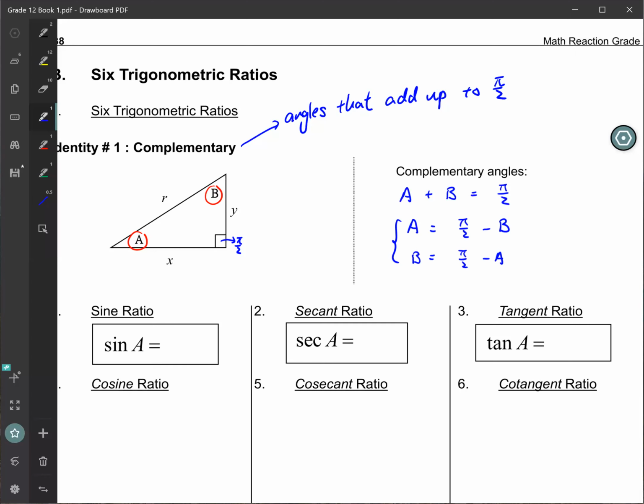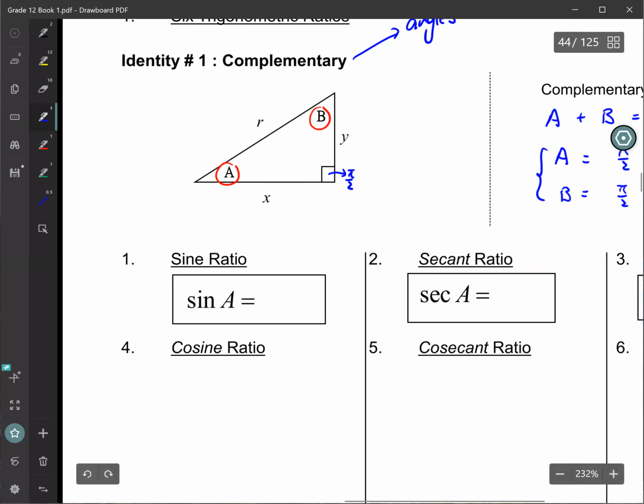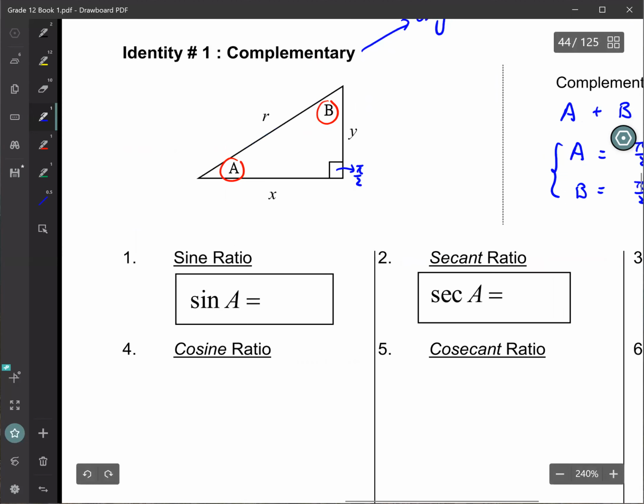Okay, so if we now agree on that, we're going to look at the first ratio. The first ratio is called the sine ratio. Sine ratio, everybody already remembers, right? Sine is a ratio representing the SOH.